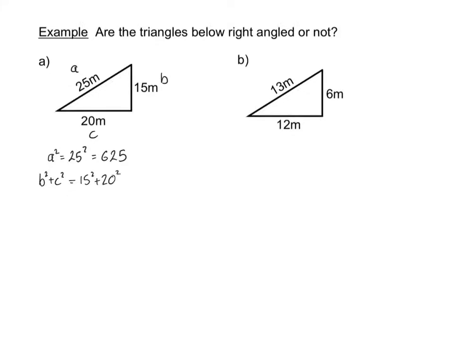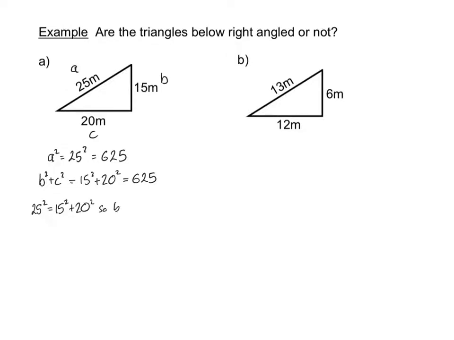And again, I can type this in my calculator quickly and I get 625. What I can then do is make a statement based on that. So I've shown there that A squared is the same as B squared plus C squared. So we can make a statement that 25 squared is equal to 15 squared plus 20 squared.